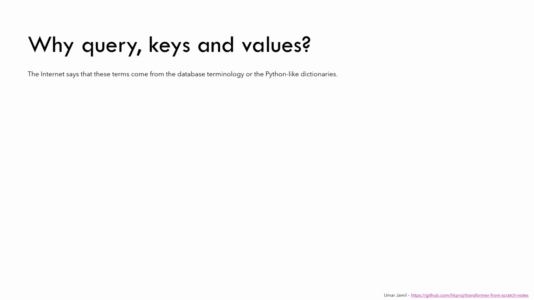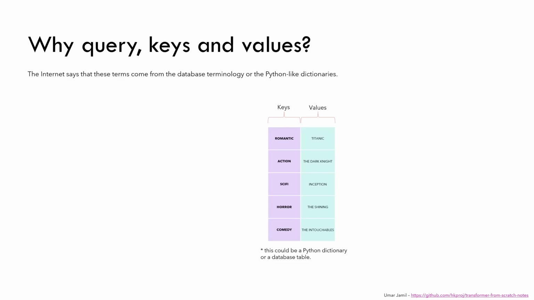You may also be wondering why these three matrices are called query, keys, and values. The terms come from database terminology or from Python-like dictionaries, but I would also like to give my own interpretation, with a very simple example that I think is quite easy to understand. Imagine we have a Python-like dictionary or a database in which we have keys and values.